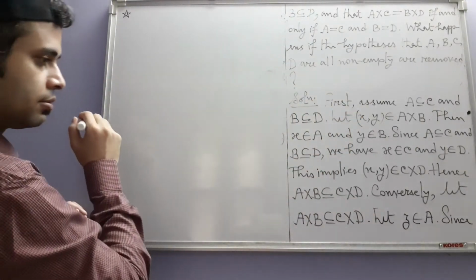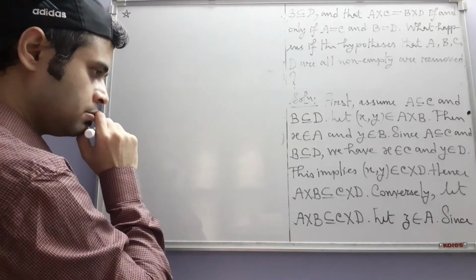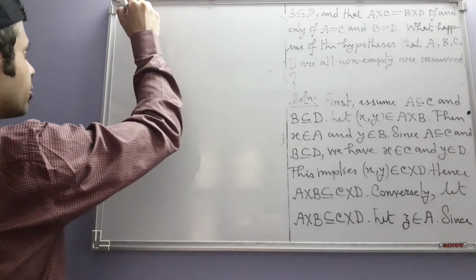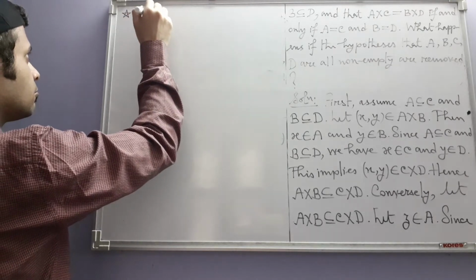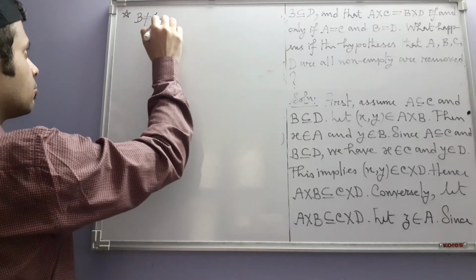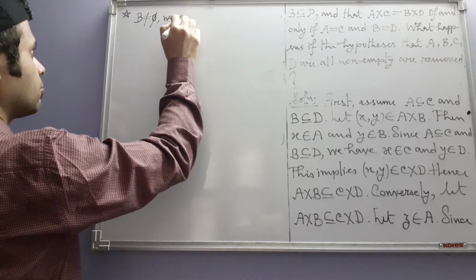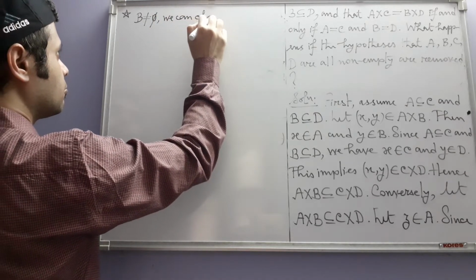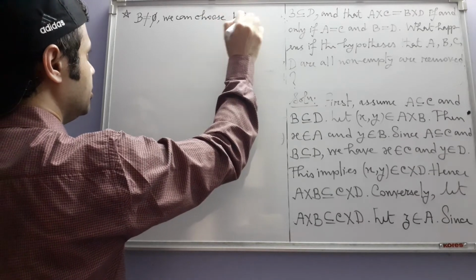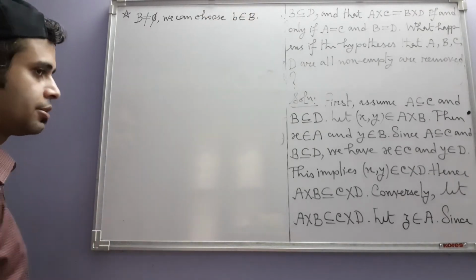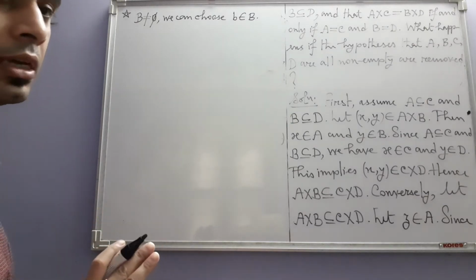Since B is non-empty, we can choose some element b belonging to B by the result single choice.